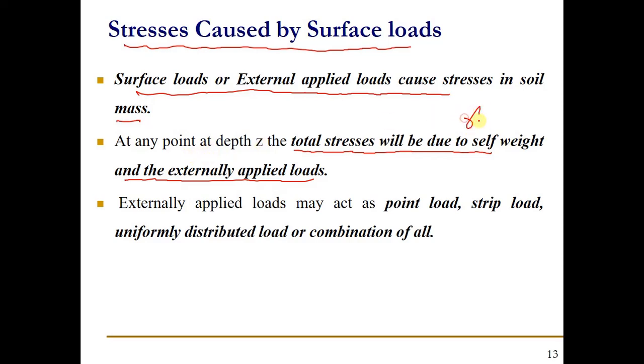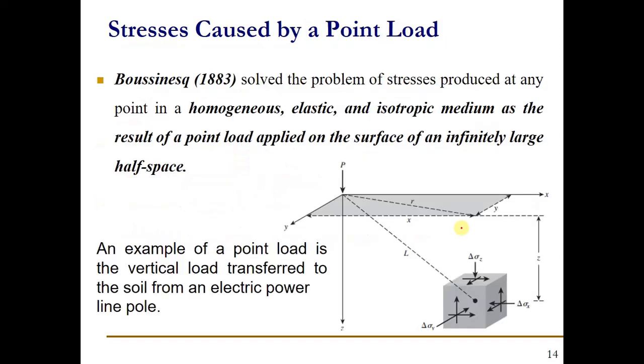So that was the sigma v, and the externally applied load is the stress onto that soil. Externally applied loads may act as point load, strip load, line load, uniformly distributed load in a rectangular area or circular area, or a combination of all.